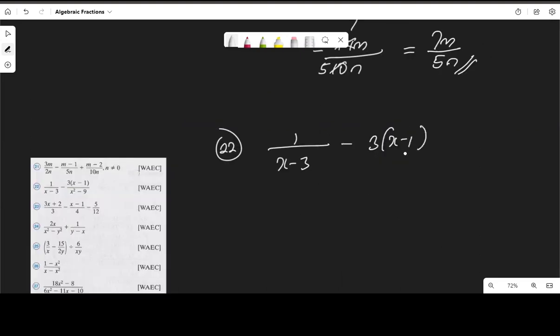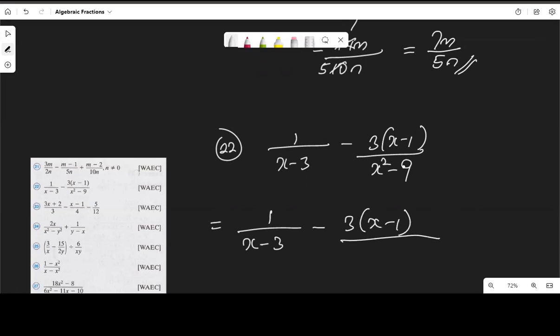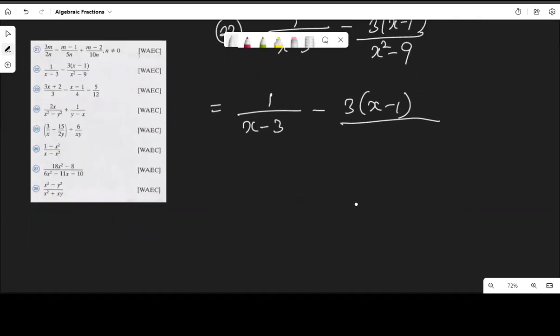x minus 1 all over x squared minus 9. Okay, for this, let me first of all factorize this expression here so that I will have 1 over x minus 3 minus 3 times x minus 1 all over, this is a perfect square, x squared and 3 squared, so I can apply difference of two squares there. So I'll have x plus 3 times x minus 3.